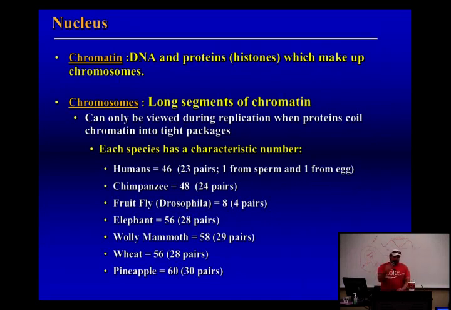So do you think the number of chromosomes dictates your evolutionary or intellectual superiority? Because if that's true, humans have 46 and chimpanzees have 48. Pineapples have more chromosomes than humans. Can you outthink a pineapple? I hope so.